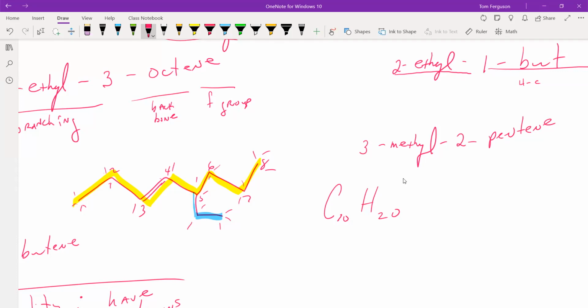So we have functional group, backbone, branching. The backbone is 5 carbons long. 1, 2, 3, 4, 5. For a double bond, carbon number 2. And we have a branch, a methyl branch at carbon number 3. That's what that would look like.